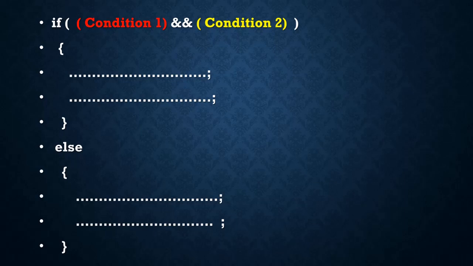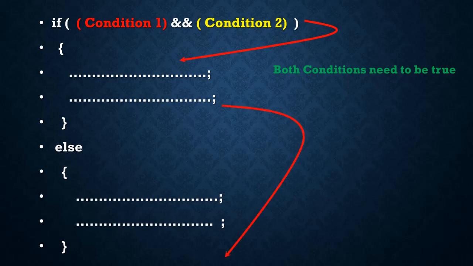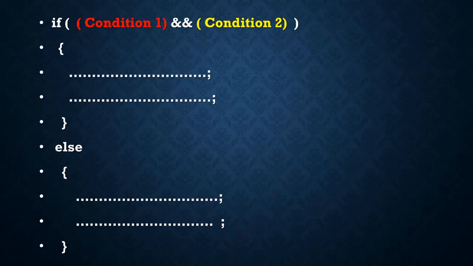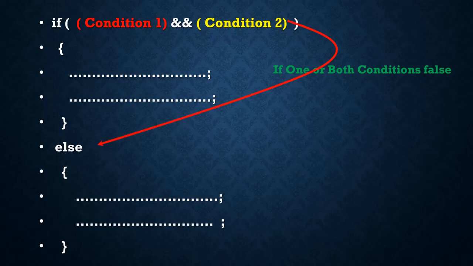If both conditions are true, it comes to the true part, and then after that it goes out. And if one or both fail, then obviously it comes to the else part.